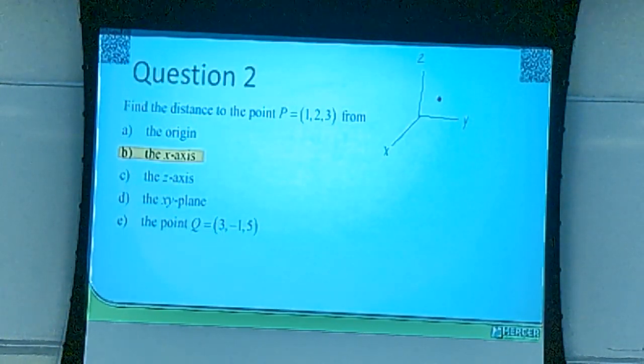We're trying to find the distance from the x-axis, but there's an infinite number of distances. The definition for this distance is the shortest distance, or the perpendicular distance, because that will be the shortest distance.